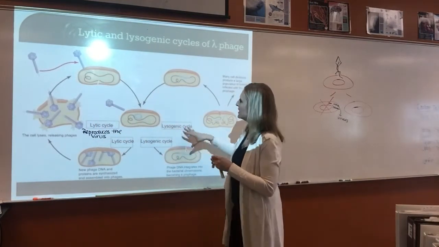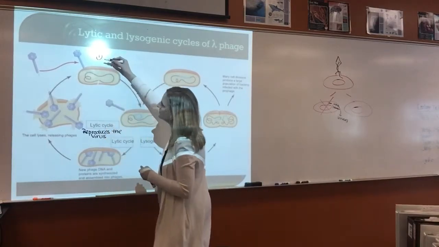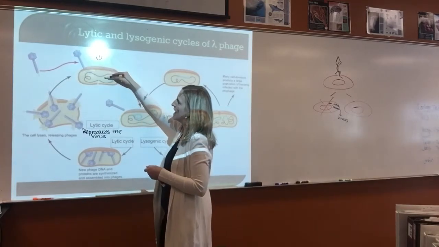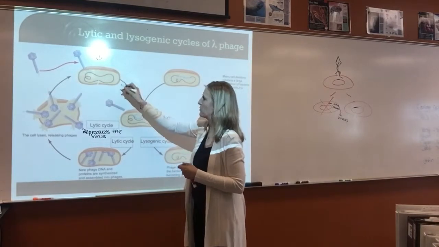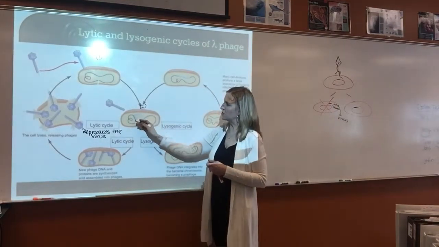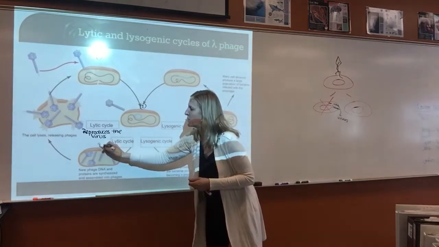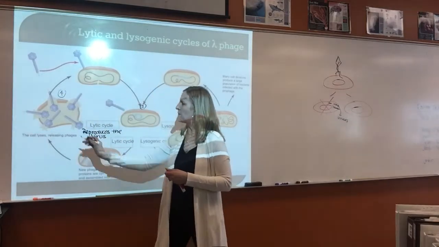So the lysogenic cycle starts here. This is step 1 for both of the cycles, where the phage is injecting its DNA into the host cell. This is step 2 for both of the cycles, where now here's the DNA. But step 3 for the lytic cycle was reproducing viruses and the cell lysing. So that's what happened there.